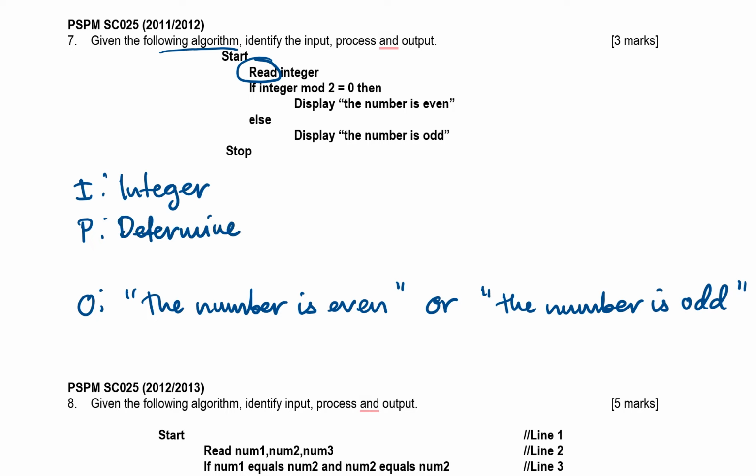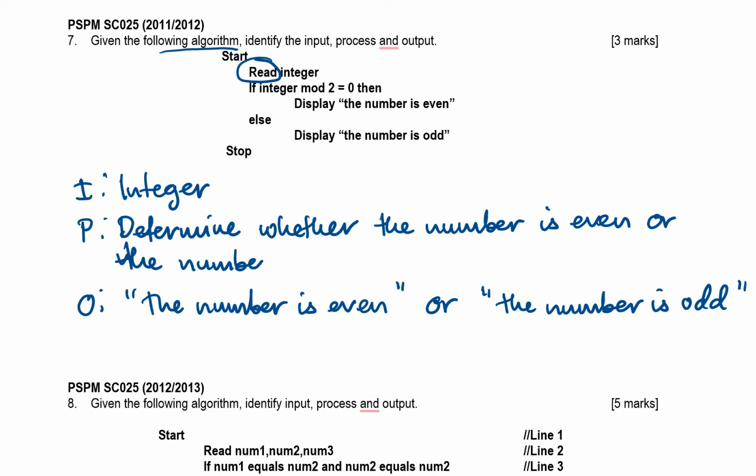We are going to determine whether the number is even or the number is odd, based on your input that is integer. This one, the process, you just write in your sentence and it depends on the output.